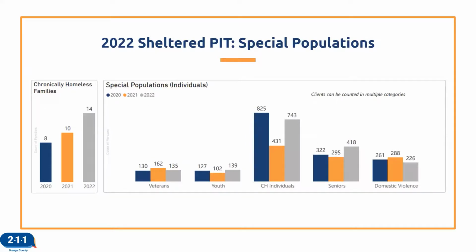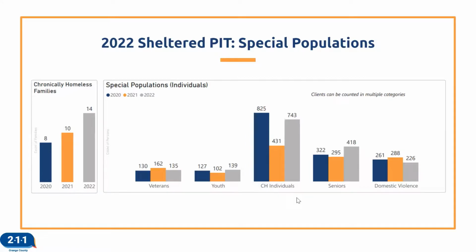All right, so this is looking at special populations counted in the sheltered point in time over the past 3 years. So you can see there has been an increase in chronically homeless families, although that number is very small overall.